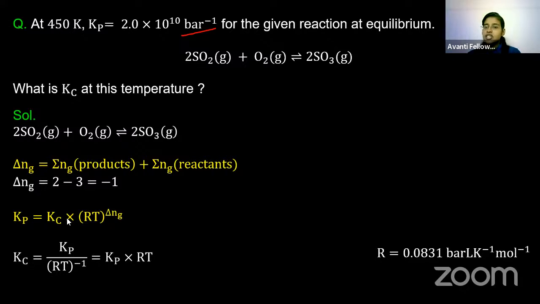So it will be 0.0831 liter bar per Kelvin per mole. Okay, is it clear for all of you? So please take down the universal gas constant value for both joule per mole and bar liter per Kelvin per mole. Clear for both of you? Roshan and Mahalakshmi, did you get it?